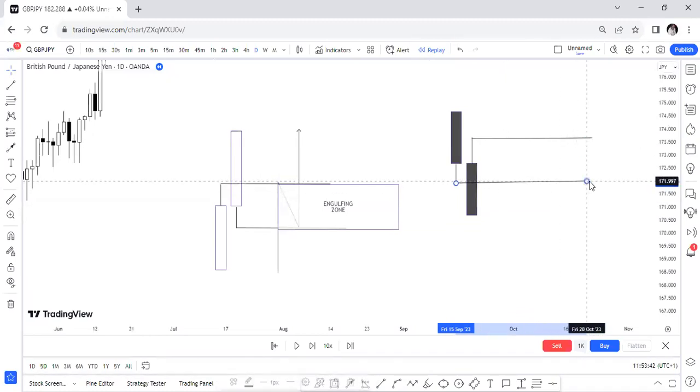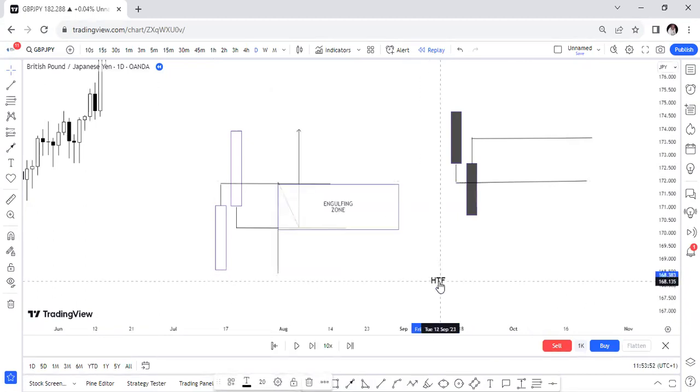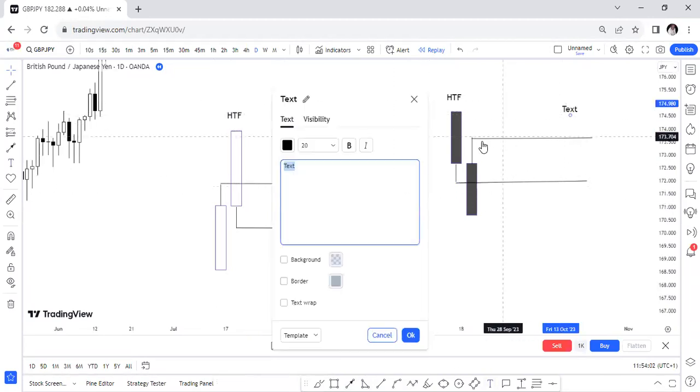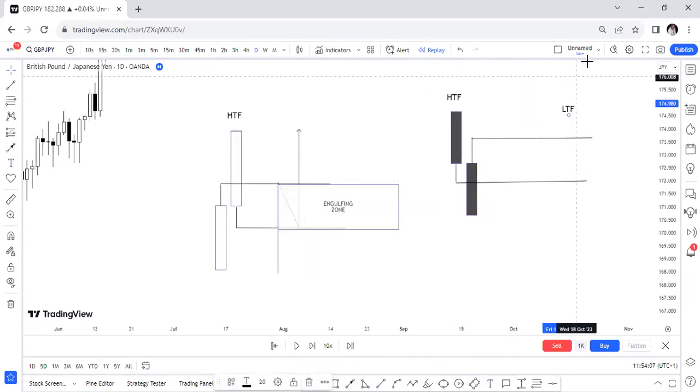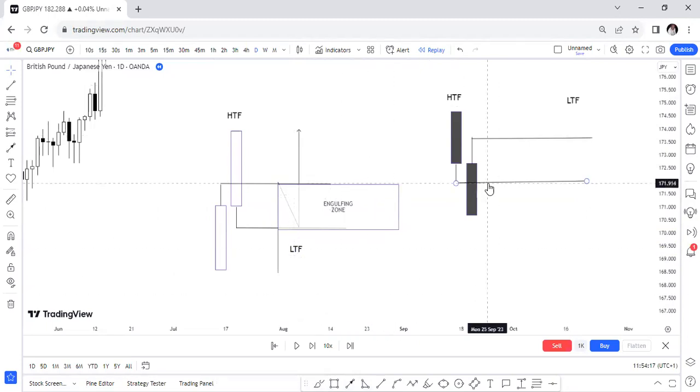So if you got this in a higher time frame, like 4 hours or higher, HTF, higher time frame, while in your lower time frame, LTF, for refinement, you want to see a breakout structure. A lower time frame breakout like this.